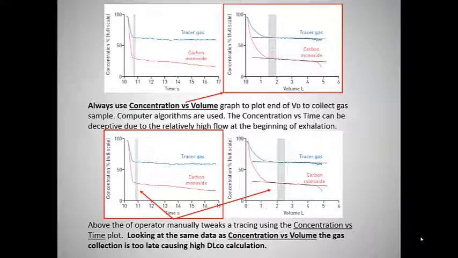You've got to be careful, though, because of what happens in this situation, a pretty similar tracing here. Let's say the operator manually tweaks a tracing using concentration versus the time clock. I haven't looked at this in 2 months, so I've got to make sure I understand it myself here.